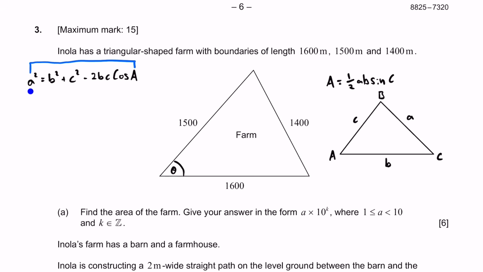So when we see this a appear twice, this small a refers to the side length, and this large A refers to the angle that is opposite. So we just have to be careful when we substitute. We need to make sure that these two correspond to each other. That is to say, the side length is opposite to this angle, is opposite to this side length.